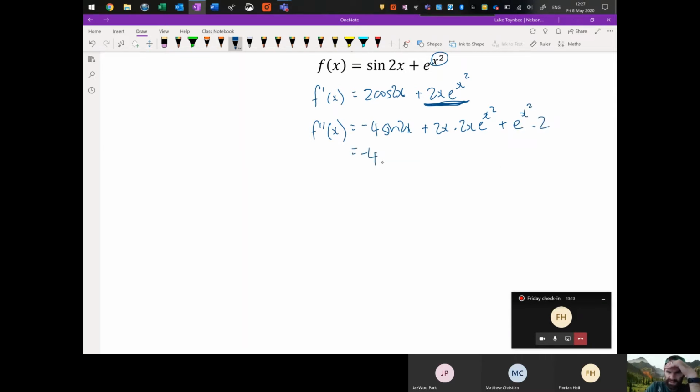This is where it starts to get a little bit trickier. To find the third one, all I have to do is the product rule there. This last one, is that a product?